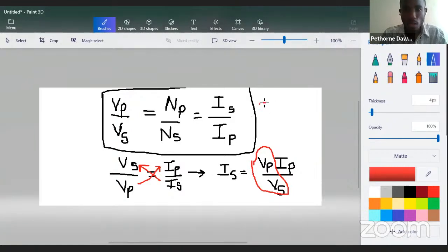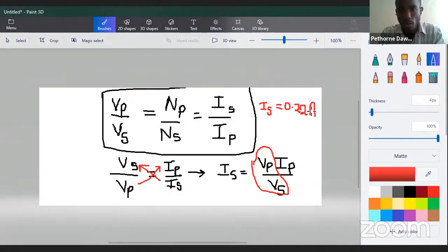So the secondary current in this case is 0.22 amperes. All right. That is what you would get as your answer.